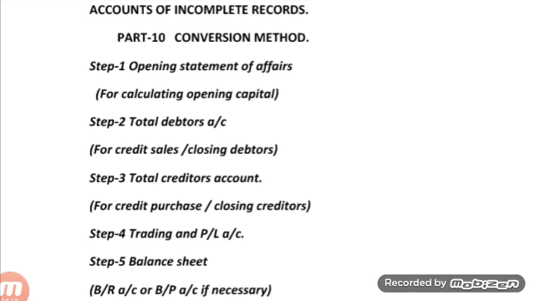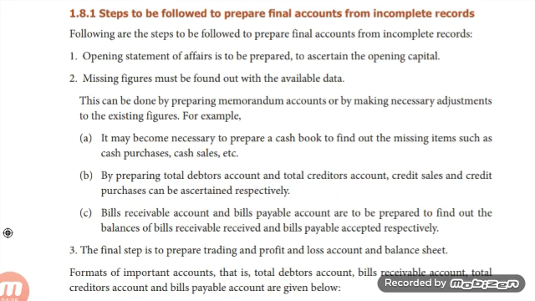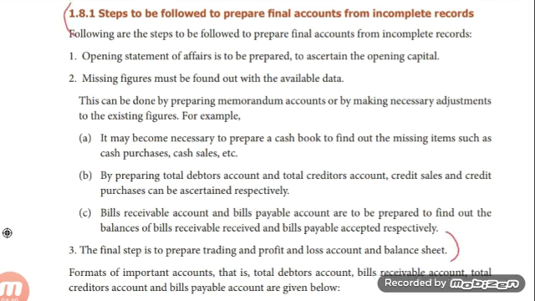Then the last step is our final accounts. Final accounts include the preparation of trading account, profit and loss account and balance sheet. While solving a problem, you will get more idea.